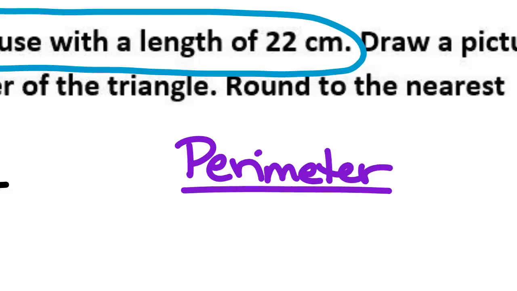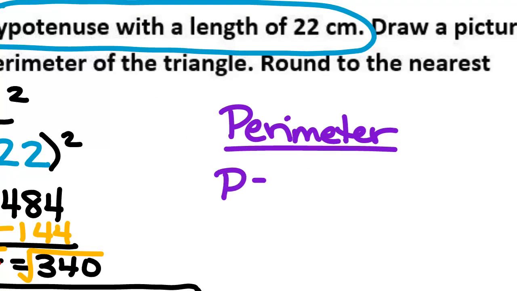You guys told me back on number 5, how do we find the perimeter? Add all the sides. So we're going to add all of our sides together. We only have 3 sides since this is a triangle. One of the sides we just found is 18.439. If you rounded that to 18.44, I would be fine with that.